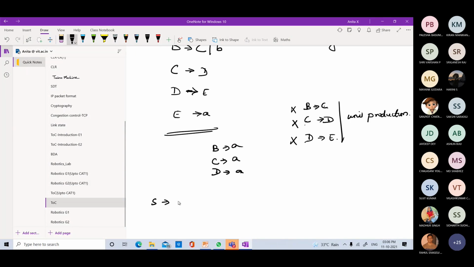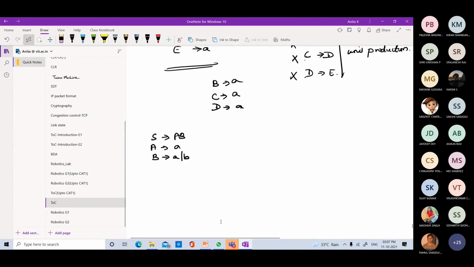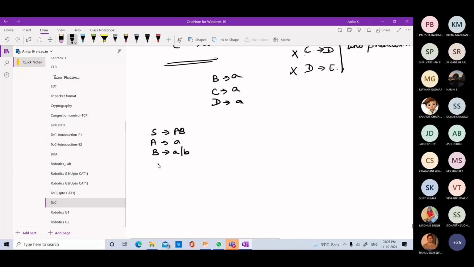S derives AB, A derives A, B derives A or B. Here, instead of B derives C, we have A. The next productions are C derives A, D derives A, E derives A.